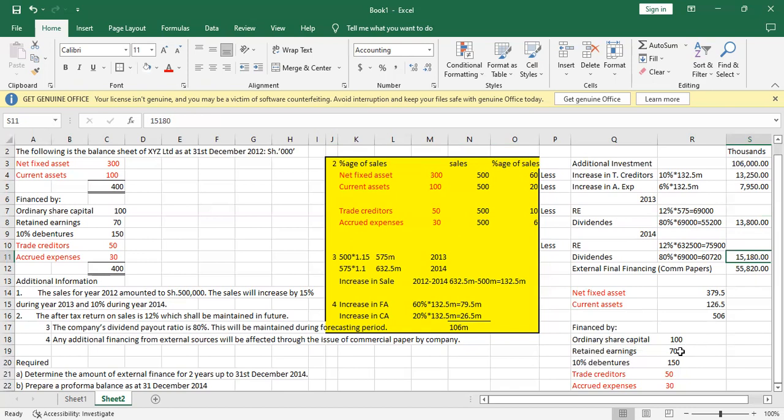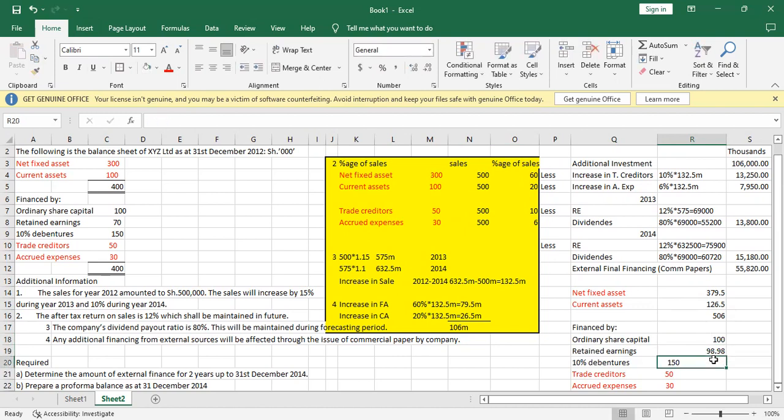So 70 plus 13.8 plus 15.18, I'm getting 98.98. I'm trying to be orderly here.